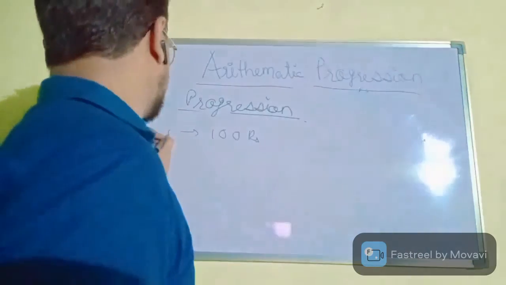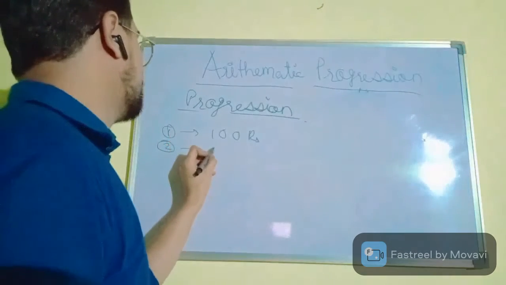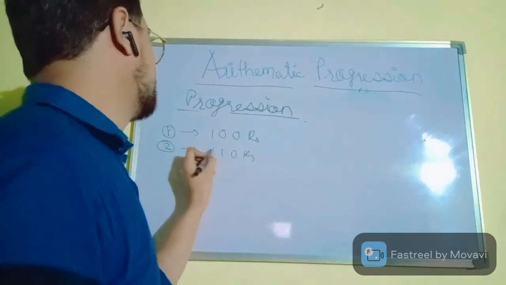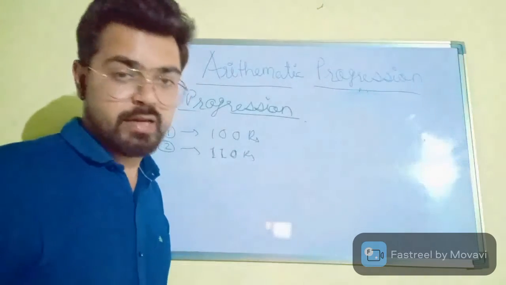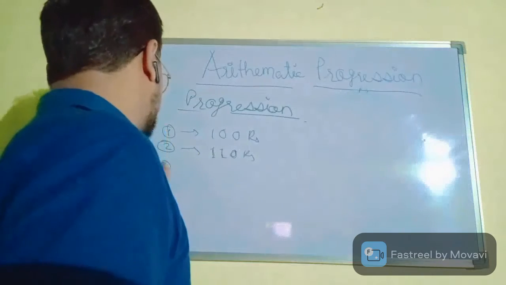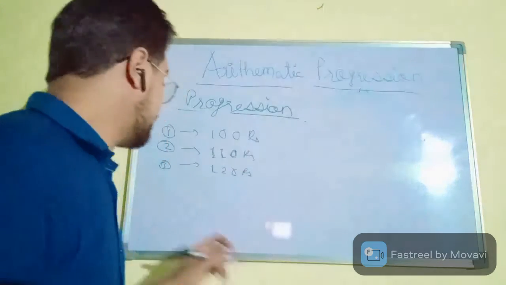So first day I have 100 rupees. On the second day I will put 110 rupees in my piggy bank. Third day I will put 120 rupees, and so on.